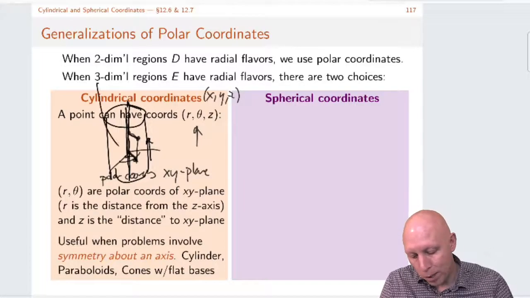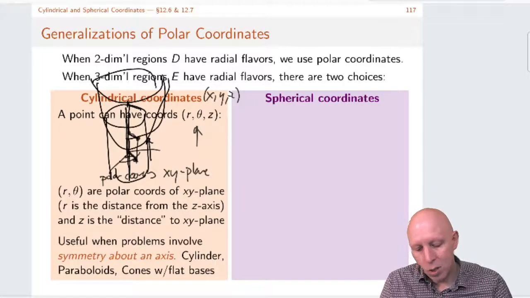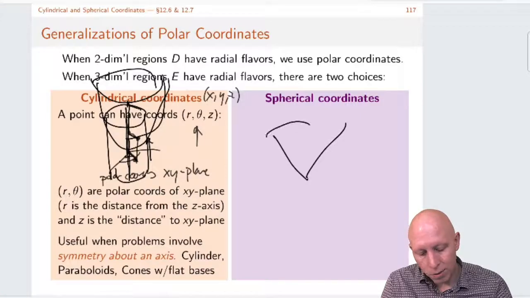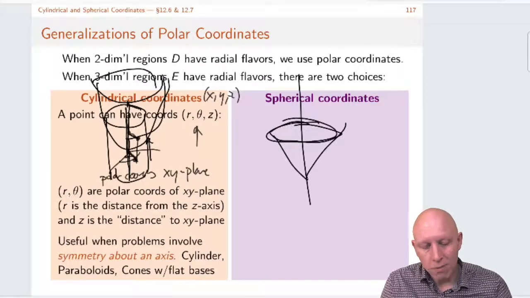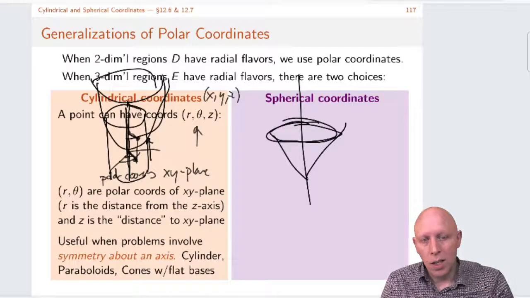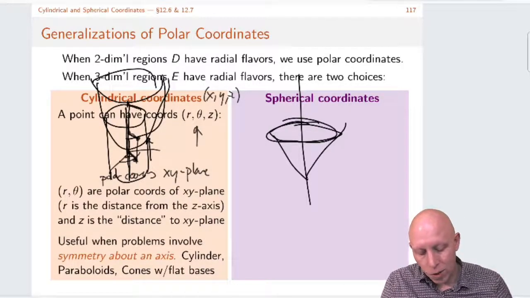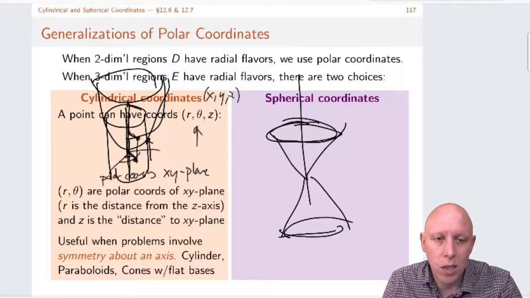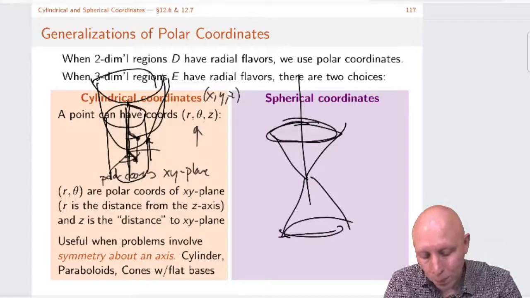A paraboloid has symmetry around an axis, and so does some sort of cone, but we're going to talk about a cone that has a flat top, a flat base. So a cone that looks like this. These are examples of things that you'll want to use cylindrical coordinates on.